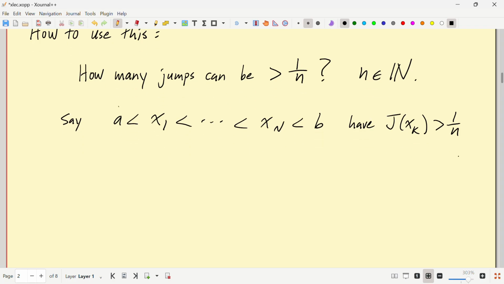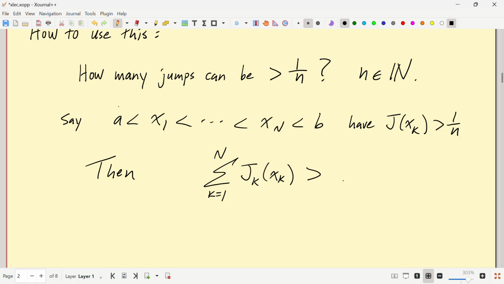Okay, then I would have n times 1 over n. See, the sum of the jumps, each one of them is bigger than 1 over n, and there's n of them.